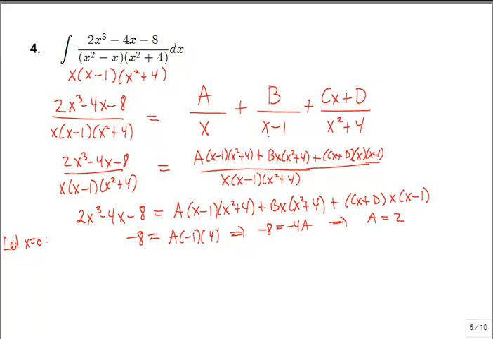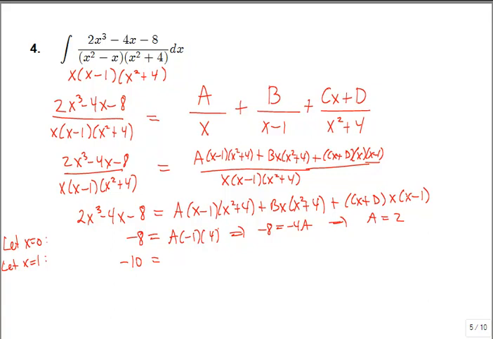Now my other denominator that was nice was x minus 1, and that's going to be 0 at 1. So let's plug in x equals 1 this time. 2 times 1 is 2. 2 minus 4 will be negative 2. Negative 2 minus 8 is negative 10. If I plug in 1, 1 minus 1 will be 0. So this whole factor goes to 0, so this whole term goes to 0.